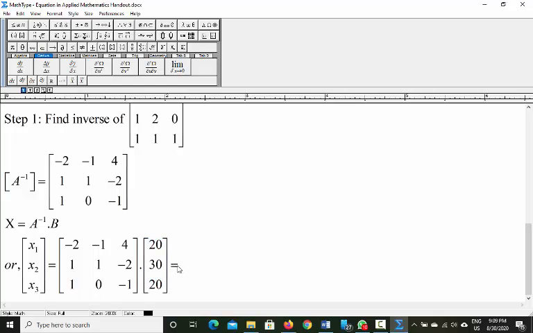So I'm repeating again: the dimension of the first matrix is 3 by 3, and the dimension of the second is 3 by 1.